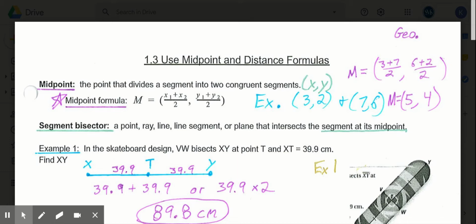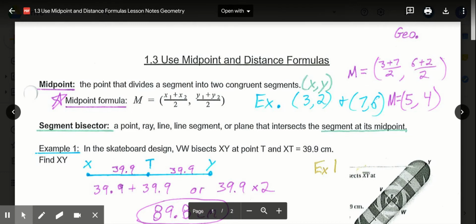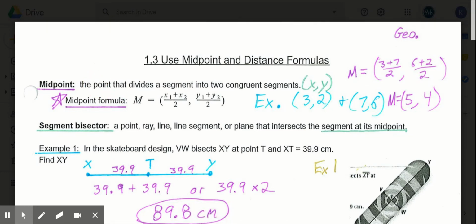A midpoint is, quite simply, the point that divides a segment into two congruent segments. You could think of it as the point that breaks the segment in half, so it divides it into two equal parts.